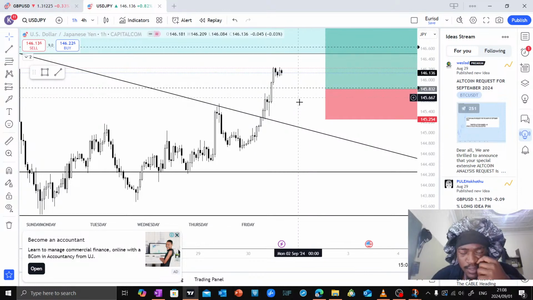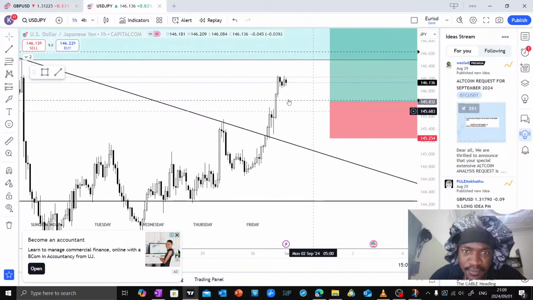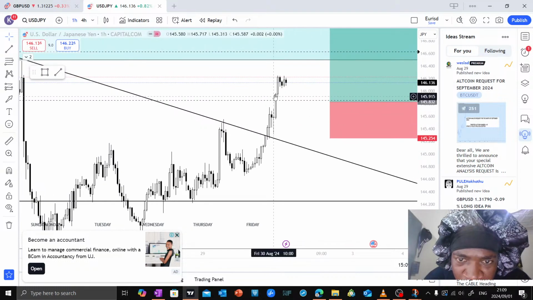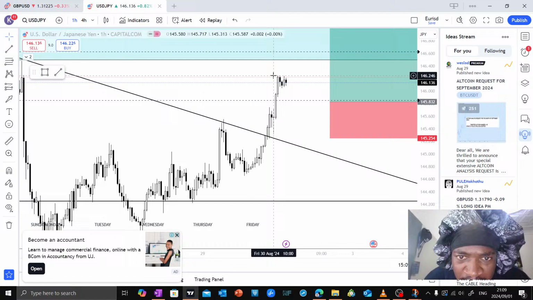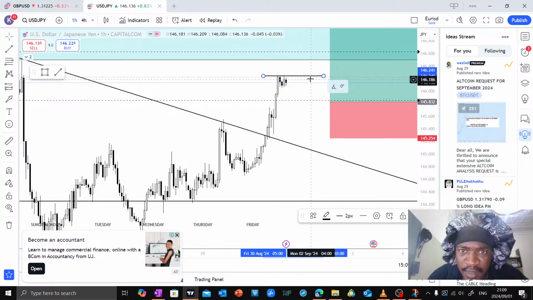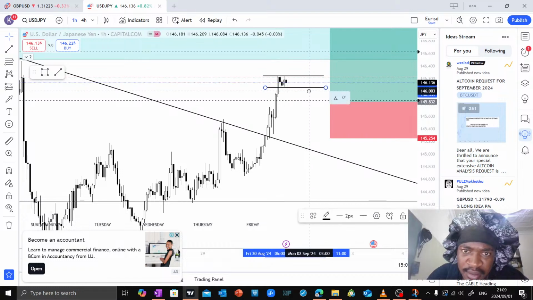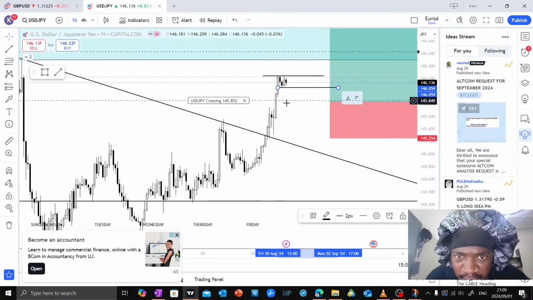If price breaks through, this is the exact thing I was saying. You see how we've created a fair value gap here, and we haven't made a high above these highs. And there's a fair value gap below.